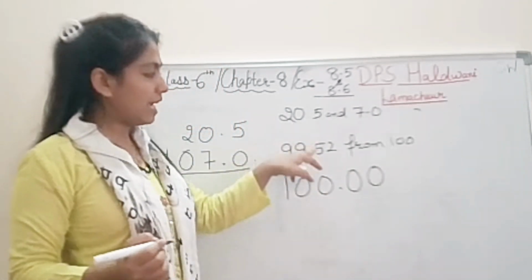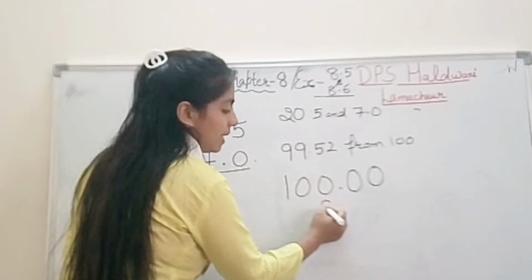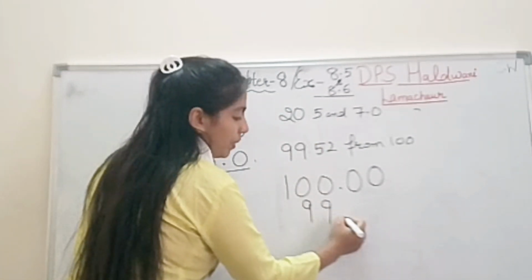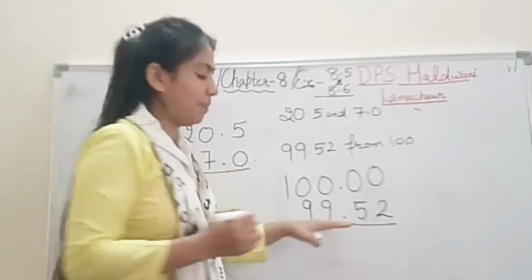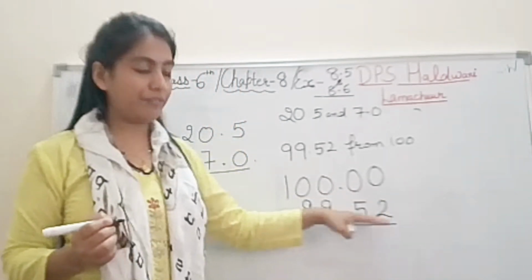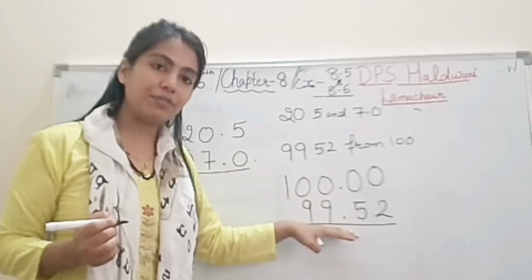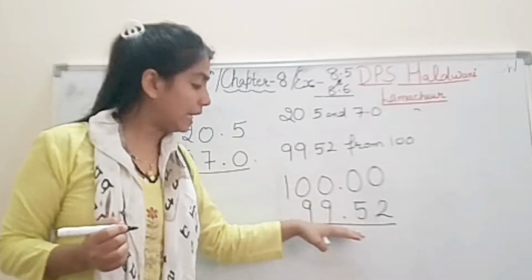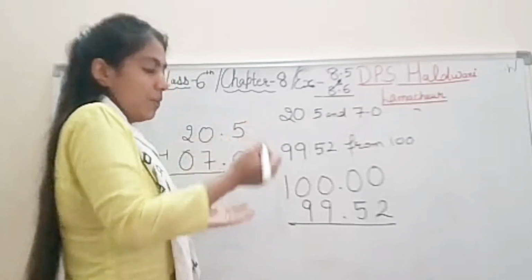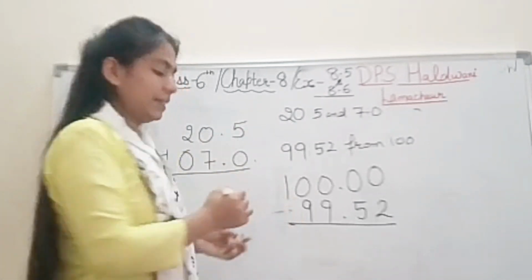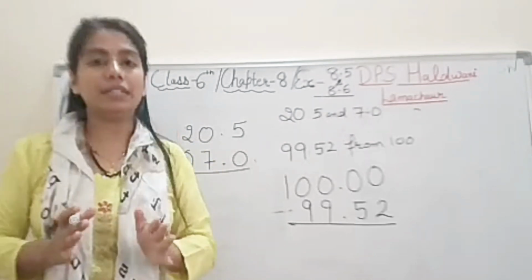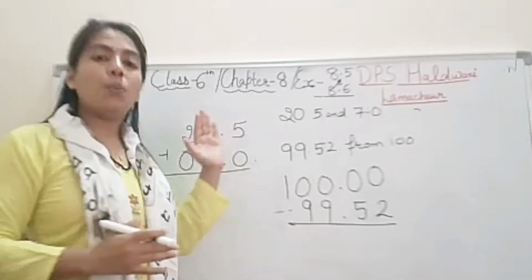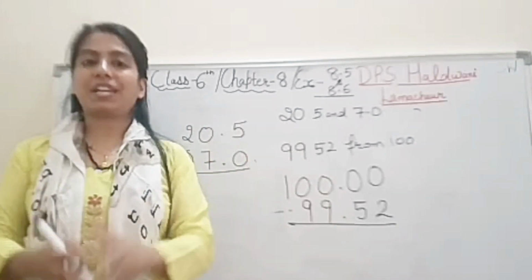Then 99.52. The whole number part is written right to left, and the decimal part is written in the same manner. Now it is very easy to subtract the terms. So here I just told you how to write the terms in a correct manner while doing addition or subtraction.